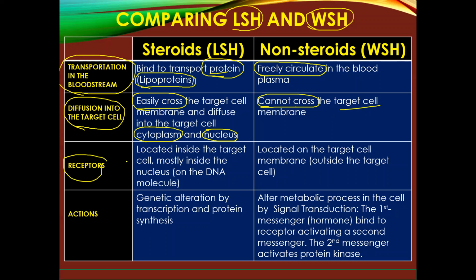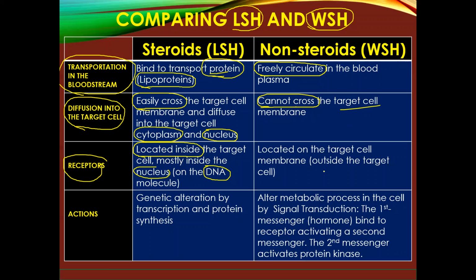Receptor. Remember, because the lipid-soluble or steroid hormone is able to cross the cell membrane, the receptor for these hormones is located inside the cell. Most of them are located inside the nucleus, on the DNA of the target cell. This is for the steroid or lipid-soluble hormones.